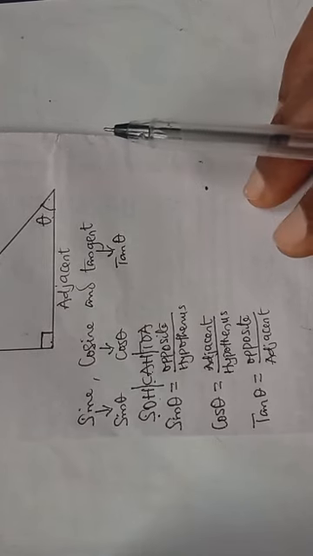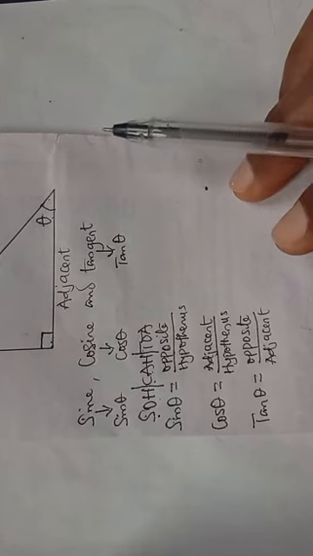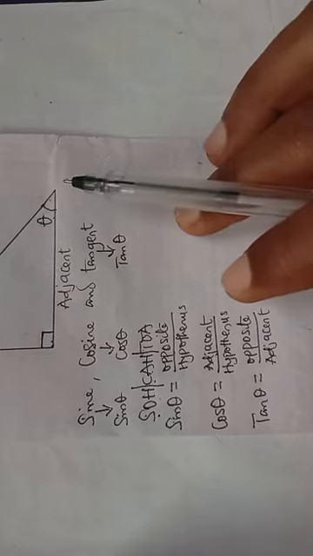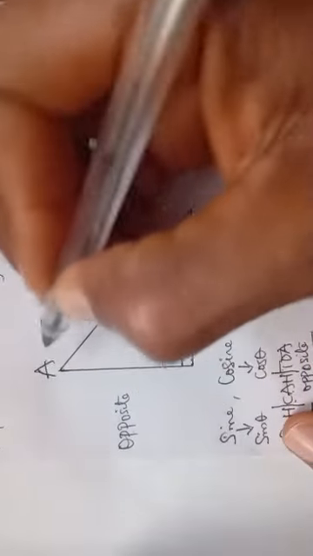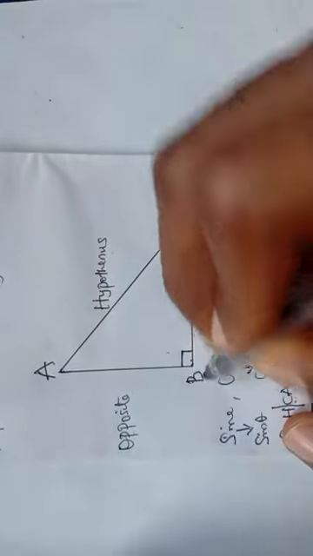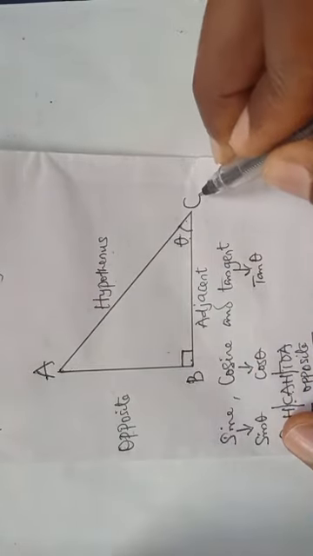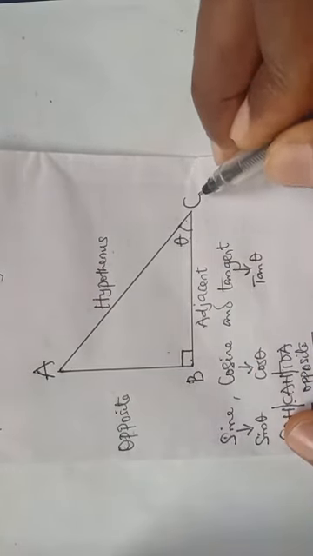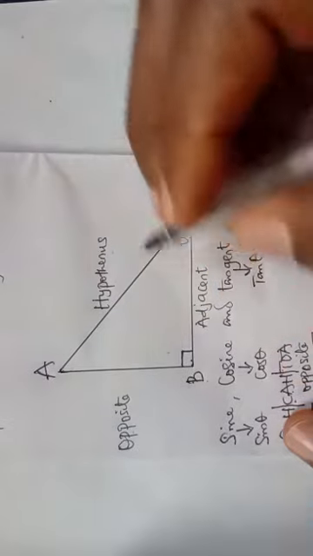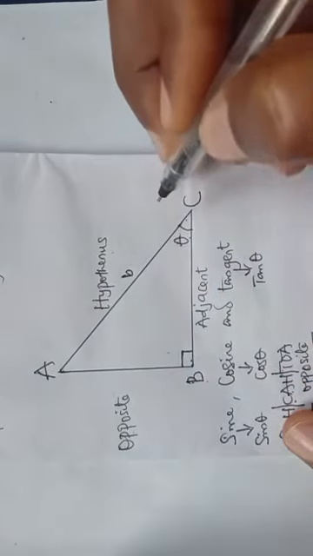Okay, good. Now in this case, let me assume that this triangle is labeled. Let's say here is A, here is B, then here is C. The side facing capital B will be my small b.